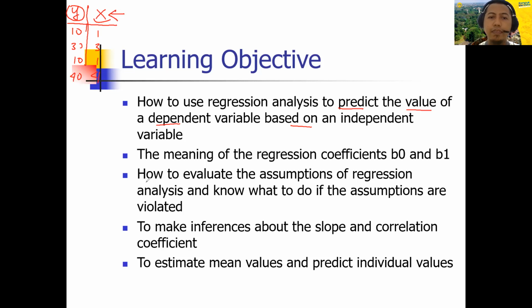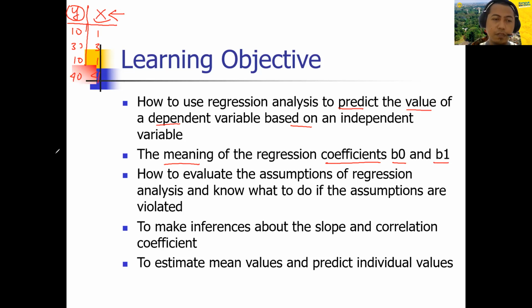Okay. And then we also want to know the meaning of the regression coefficients beta 0, in this case b0, and beta 1.